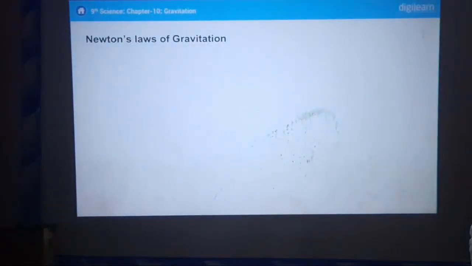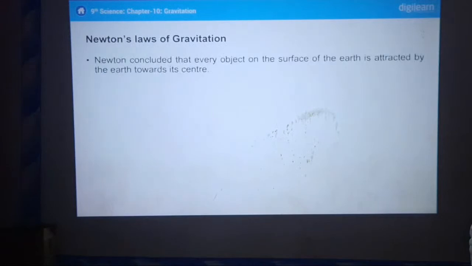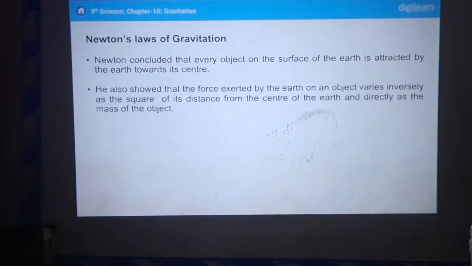Newton's law of gravitation. Newton concluded that every object on the surface of the earth is attracted by the earth towards its center. He also showed that the force exerted by the earth on an object varies inversely as the square of its distance from the center of the earth and directly as the mass of the object.